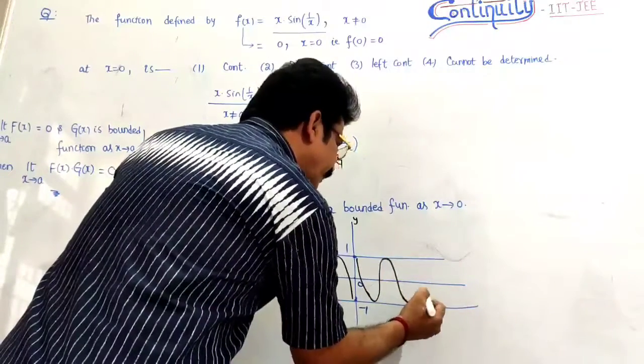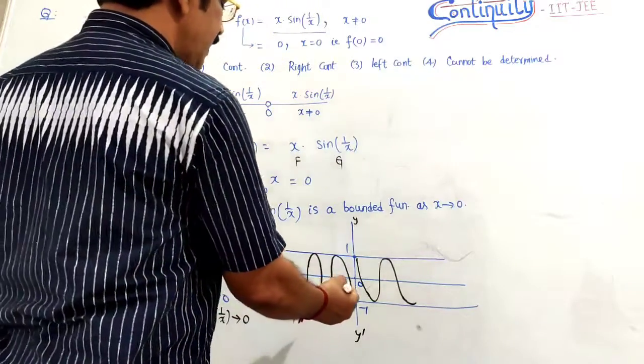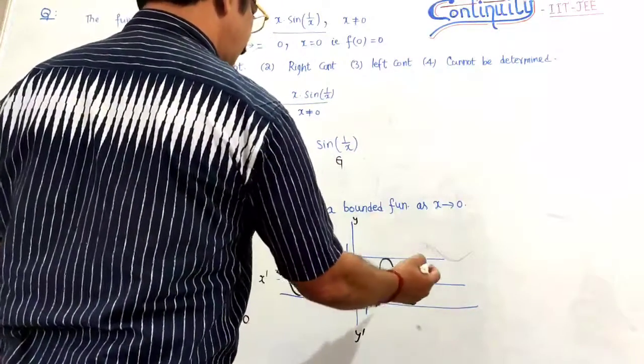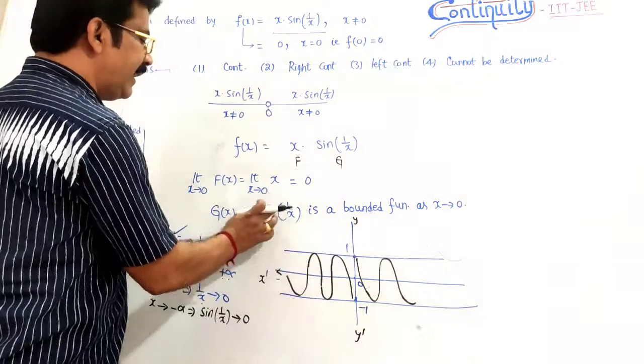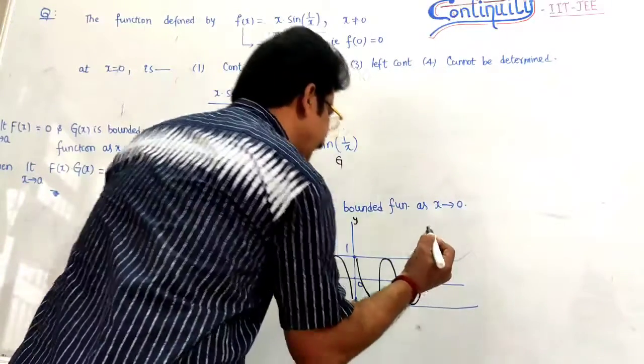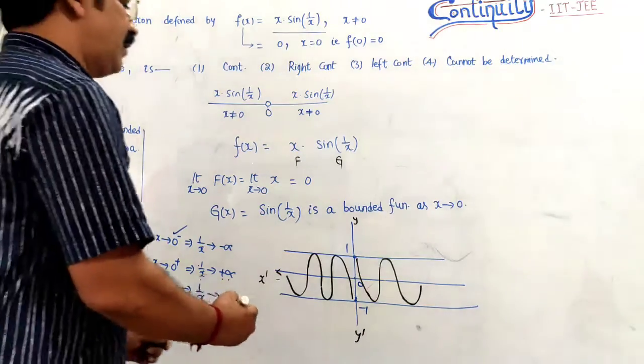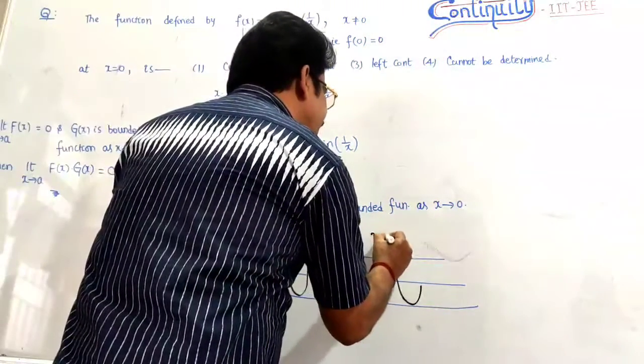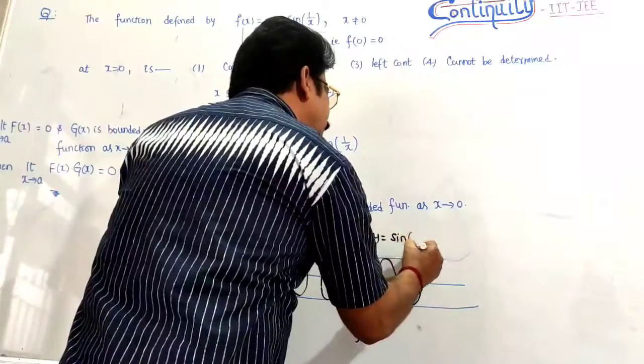Of course, minimum value minus 1, maximum value plus 1. As x tends to infinity, 1 by infinity is 0, so it will be like that. So this is the graph of y is equal to sine of 1 by x.